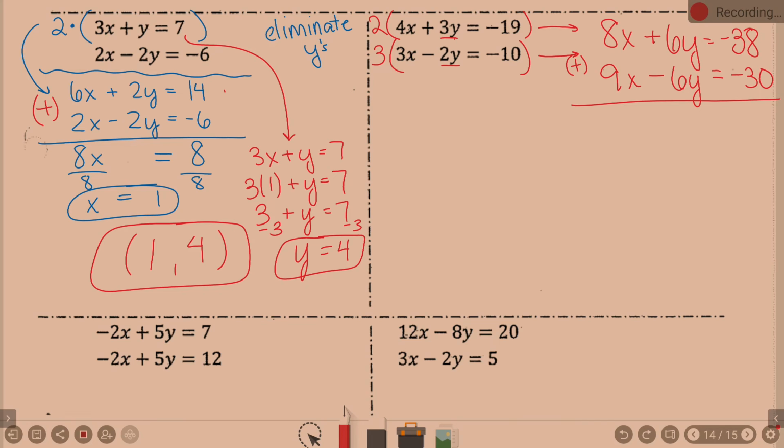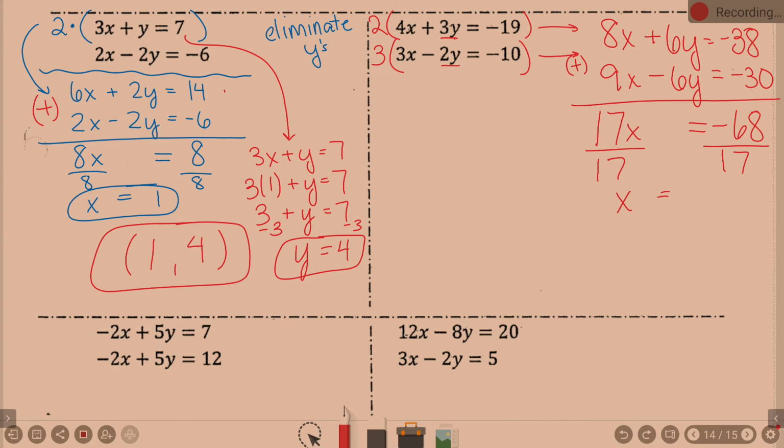8x plus 9x is 17x. Positive 6y and minus 6y will cancel. Equals negative 38 and negative 30 is negative 68. Divide by 17.